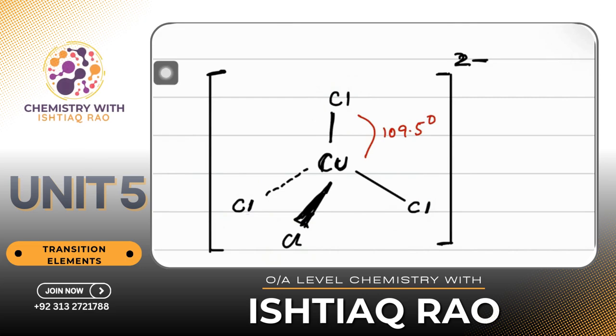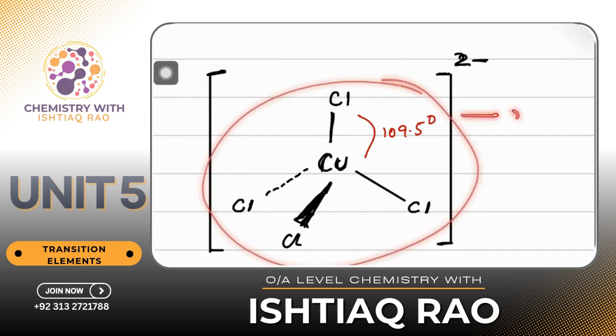Why 109.5 degrees? Because chlorine is an electronegative element. And if you were drawing this complex at 90 degrees or less than 90 degrees, maybe 50 degrees, maybe 40 degrees, you know what would happen then?